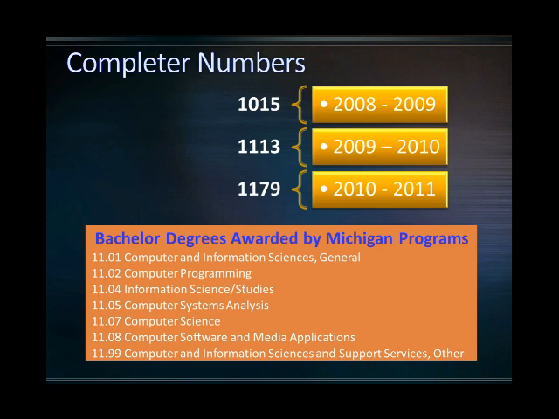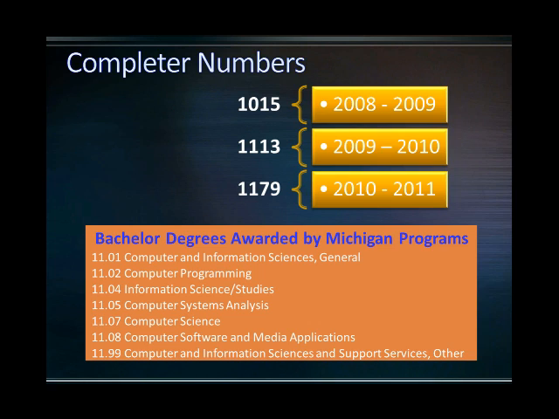So we've attempted to pare this down a little bit to focus on some of those traditional four-year programs, such as computer science, computer engineering, computer information systems, et cetera, that have historically produced developer talent.